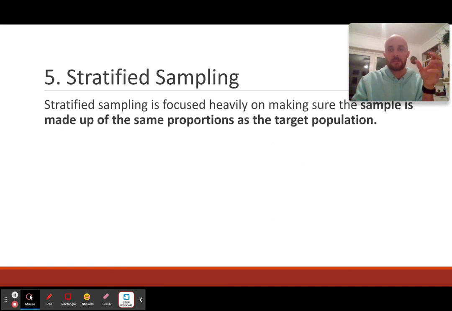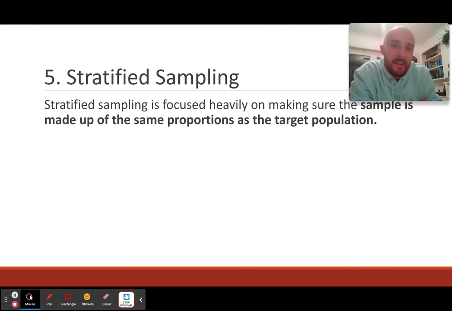Stratified sampling is about making your sample, the small sample, the same proportions as the target population. For example, generally speaking, in psychology, the population is 70% female and 30% male.